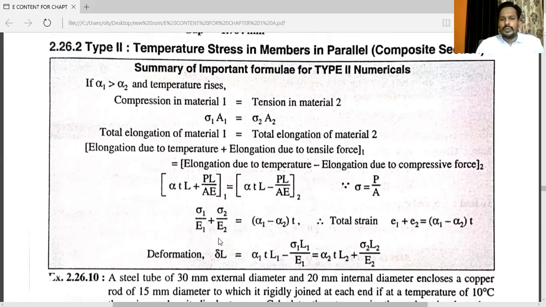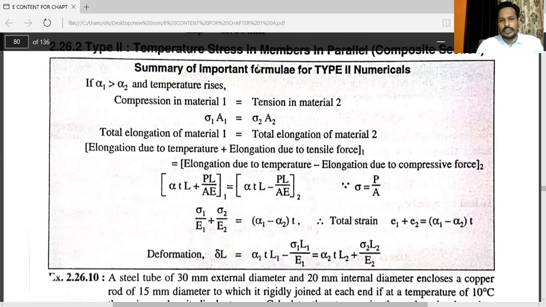Here again a deformation delta L is equal to alpha 2 into T into L2 plus sigma 2 into L2 upon E2. This is the condition for type 2 numerical, that is temperature stress in members in parallel, that is composite section.